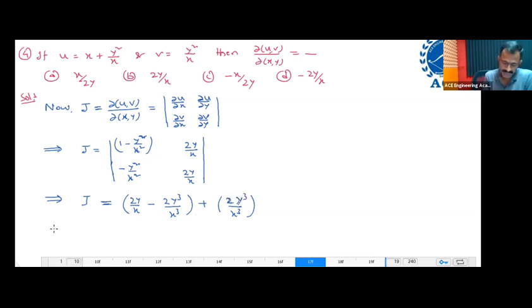This gets cancelled. Therefore, j equal to just 2y by x.